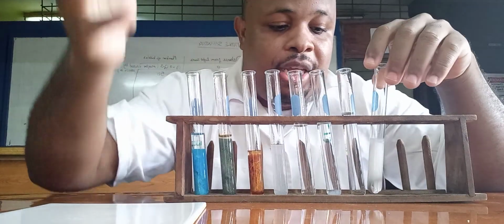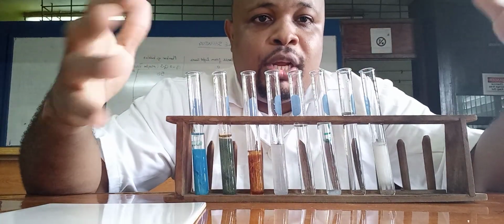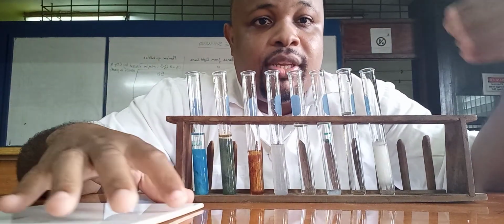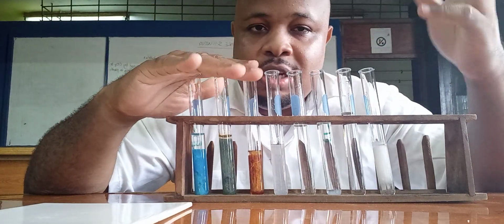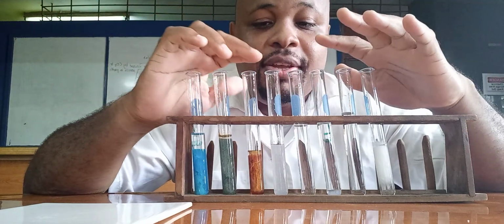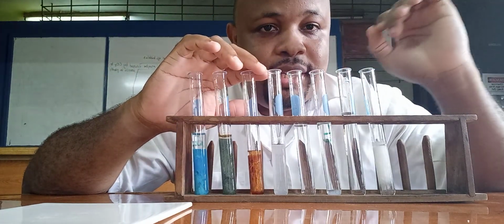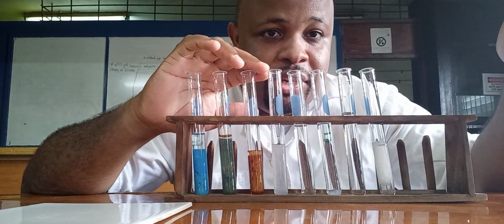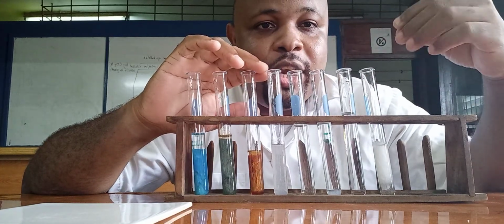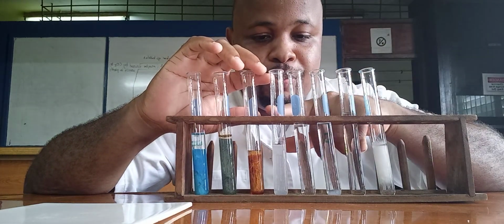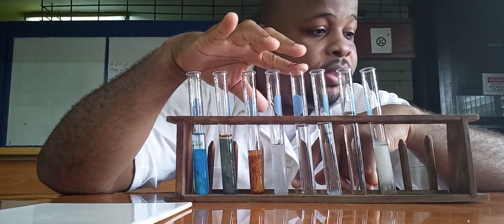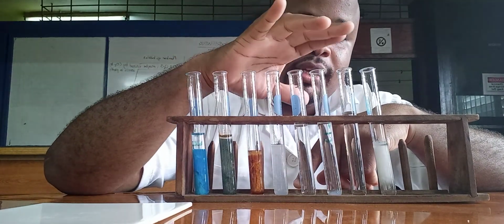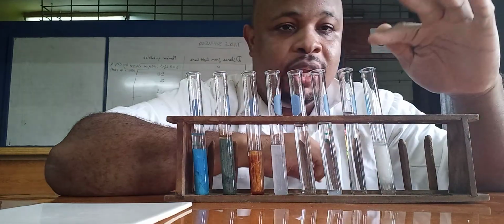So if you have an unknown solution, it's colorless, clear. When it's colorless, if you add the sodium hydroxide and you get a white precipitate, it could be magnesium, lead, zinc, aluminum, and calcium.